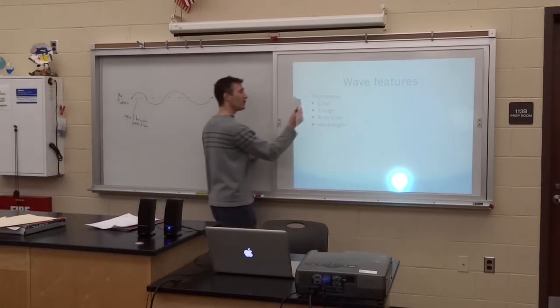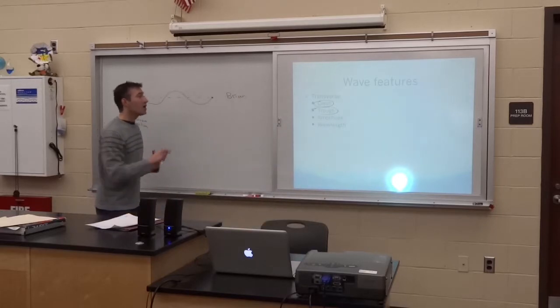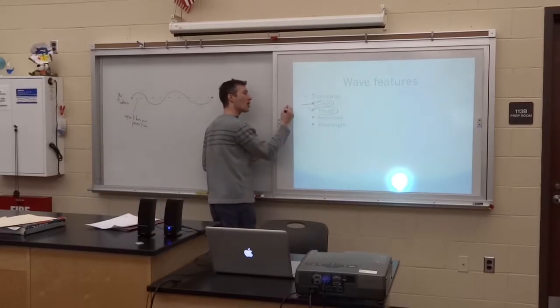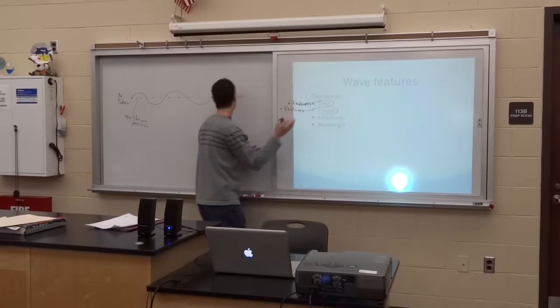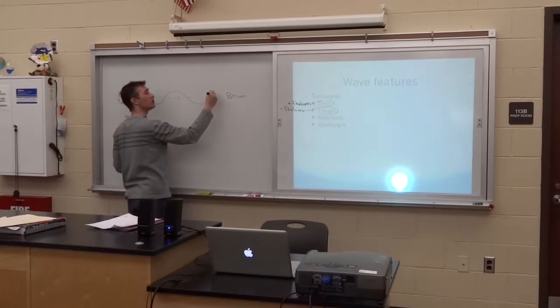All right, so our first 2 features are called a crest and a trough. The crests are the positive features of the wave, and the troughs are the negative features of the wave. So we need to designate one side of our equilibrium position as positive.